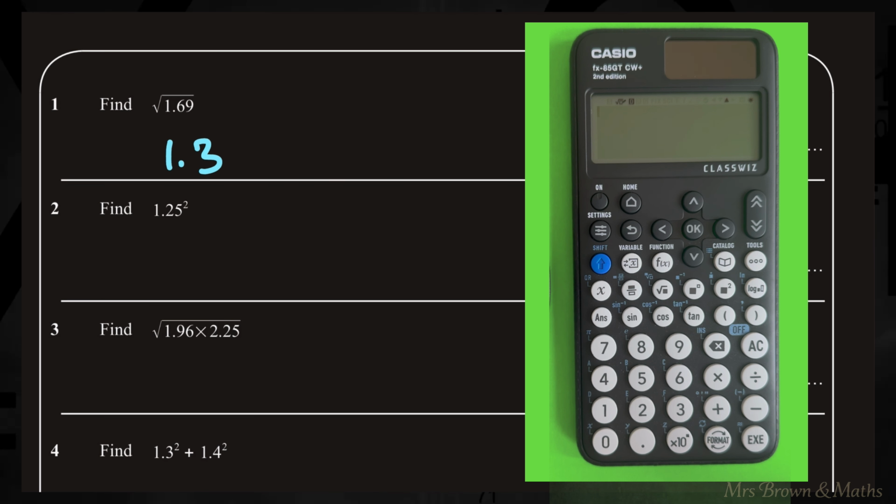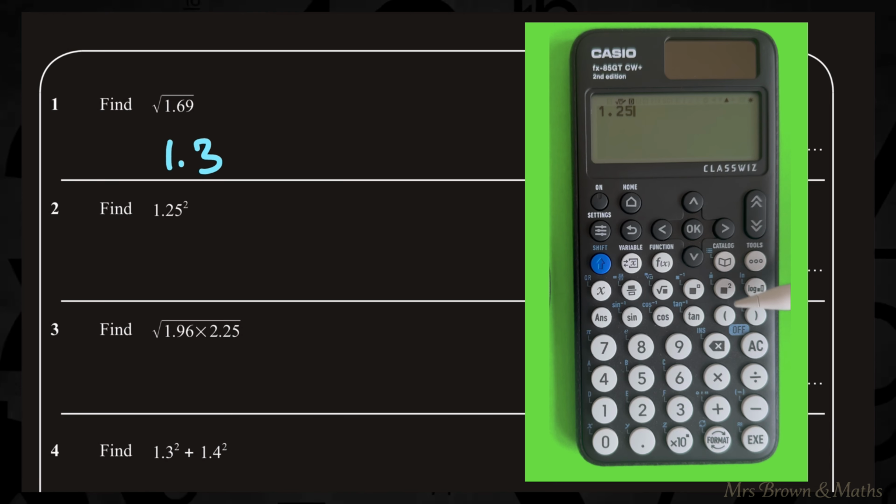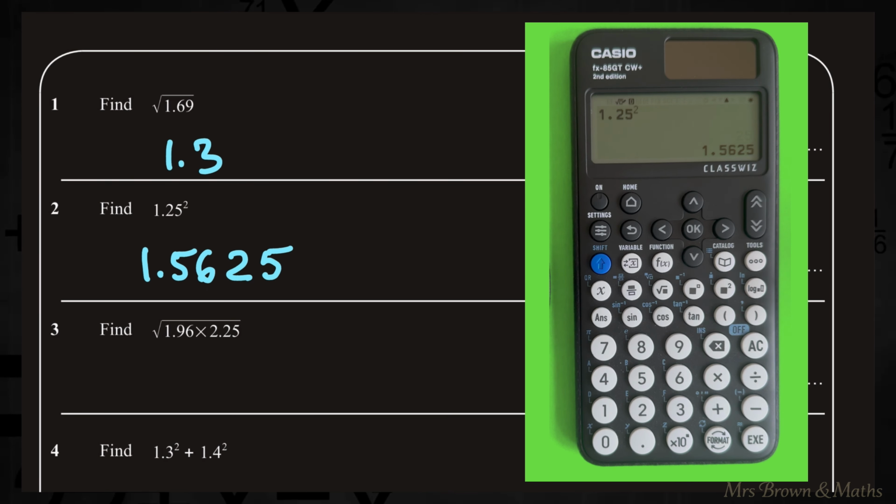Question 2. 1.25 squared is here, equals, again, format, final answer 1.5625.